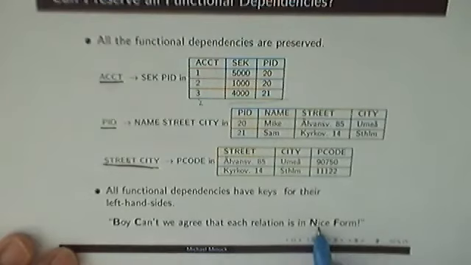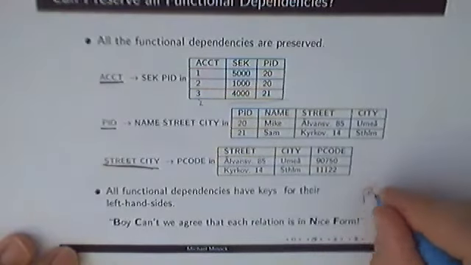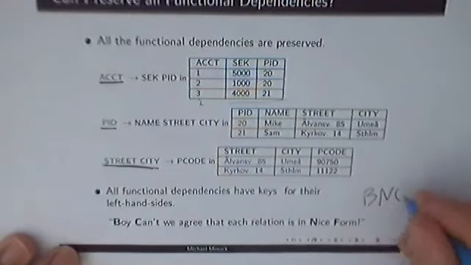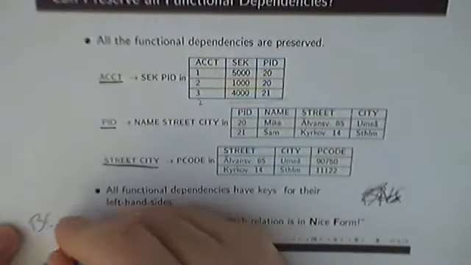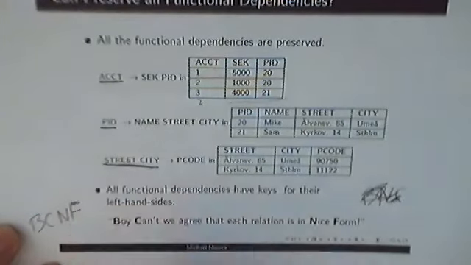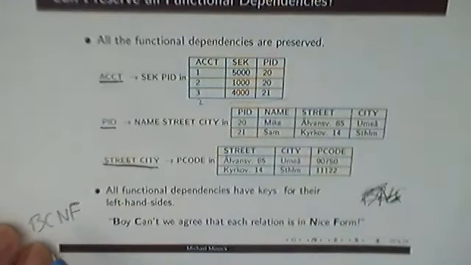B, C, and F. All right, now, this actually stands for Boyce, Codd, the two authors, normal form.